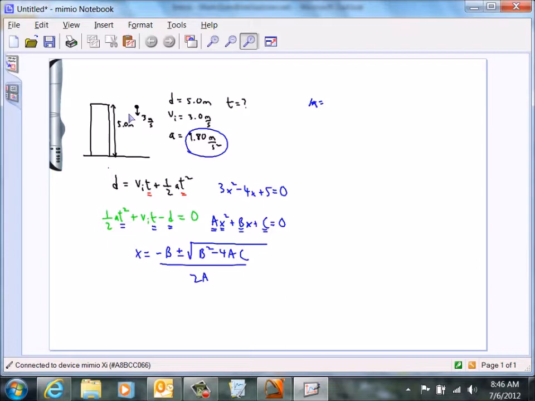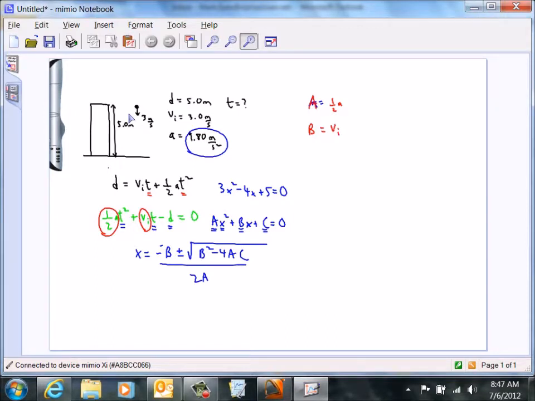And my coefficient of my t squared term is 1/2 of my acceleration. Right, so capital A in my equation is 1/2 little a. It's the coefficient of t squared. Capital B in the quadratic is the coefficient of x to the first power. And that would be the coefficient of my t, and that term is v sub i.